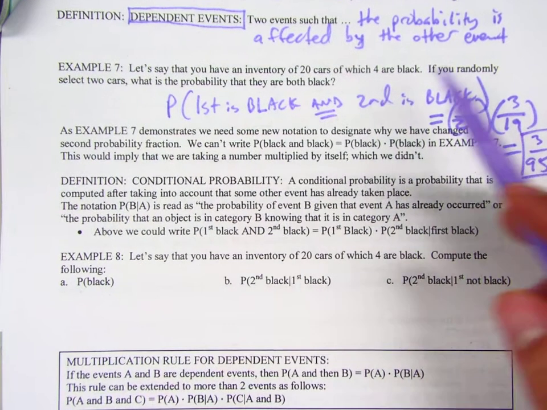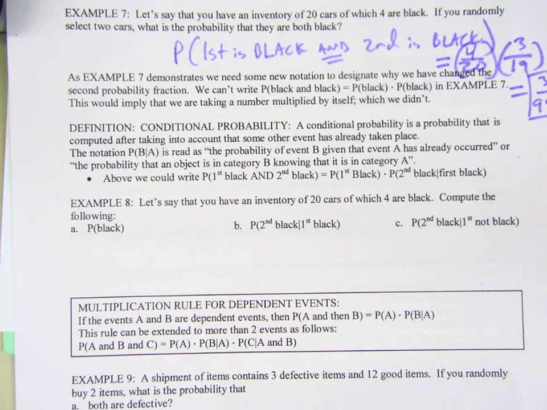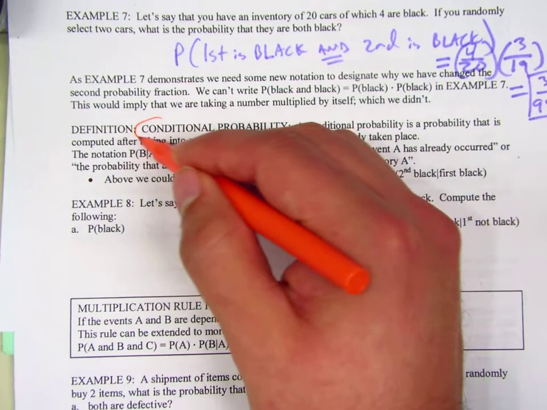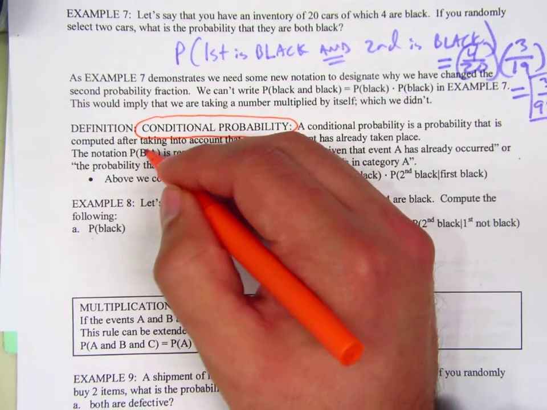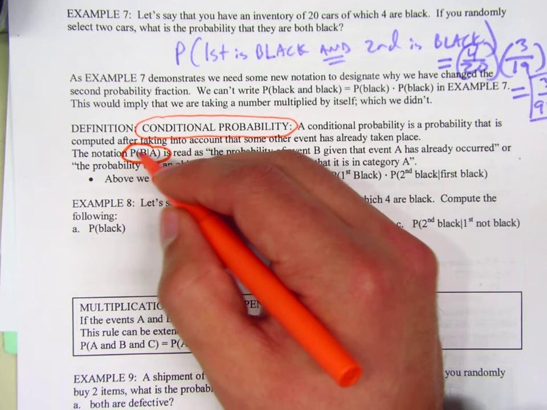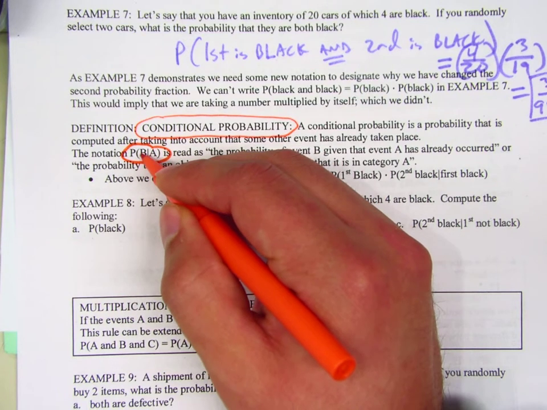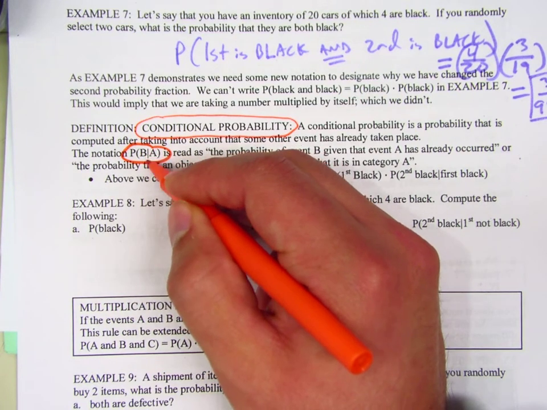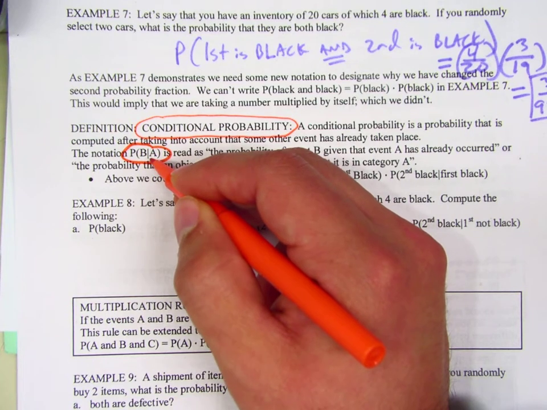Any questions on that? The last thing we got to talk about is conditional probability. And the symbol for that is you got two events kind of smushed together, but the way you read this is the probability of B, and this little symbol, that line, means given that A has already happened.